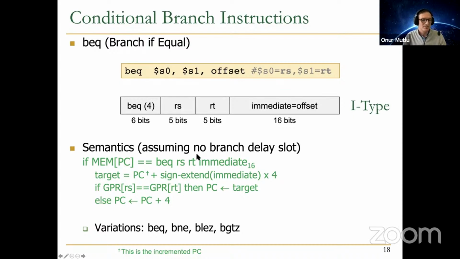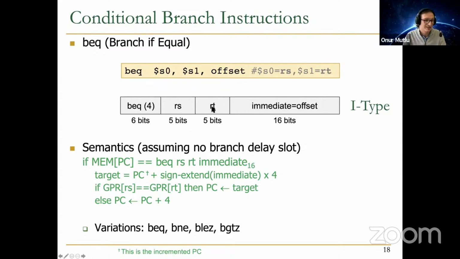Okay, so conditional branch instructions is something that we did not discuss. I will briefly discuss that also because it's important to execute. Conditional branch is more complicated, especially in MIPS, as we discussed. This is a branch if equal instruction. If you remember, the semantics of this is that you calculate the target address by adding the incremented PC to a sign extended immediate, of course, multiplied by 4, or left shifted by 2, in other words, and this target address gets put into the program counter if the general purpose register RS is equal to general purpose register RT, as specified by the instruction.